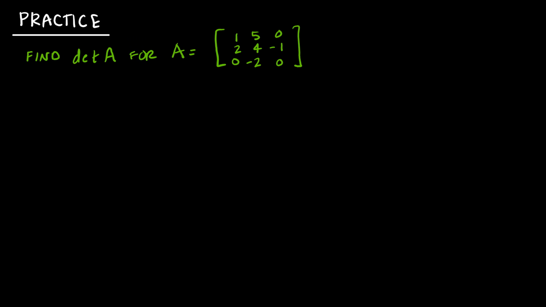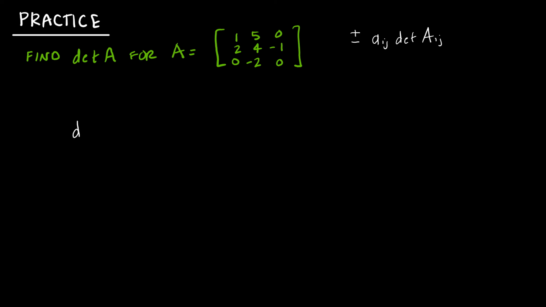So I want to find the determinant of A, for A is this matrix. I'm going to use that definition that essentially says I'm taking plus minus A1J determinant A1J, where pluses and minuses are alternating. I didn't write the full summation here, but you get the idea.